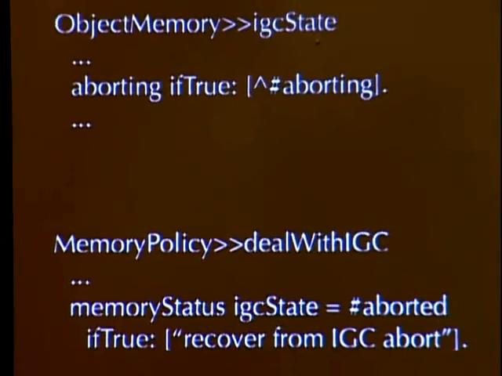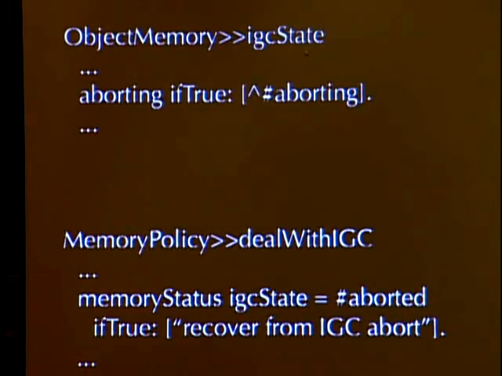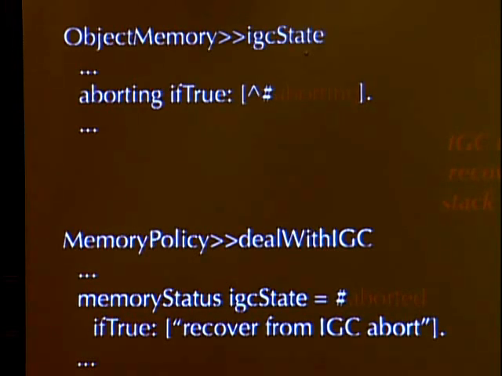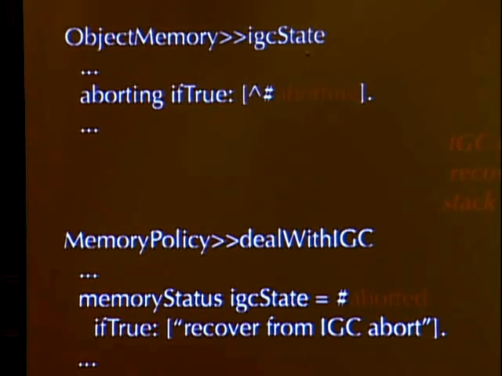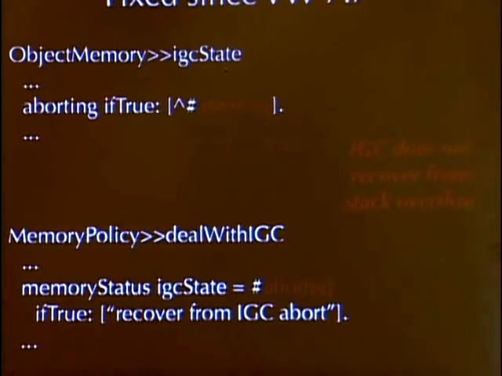So if I'm aborting, I'm going to answer the symbol aborting. And the memory policy had some code that dealt with the IGC and made it move forward. In particular, when it's aborting, it needs to continue the abort until the abort is done. Of course, because symbols were used, and one symbol was misspelled, that means that whenever the IGC is aborting, the memory policy is going to wait for aborted, and so nothing's going to happen.